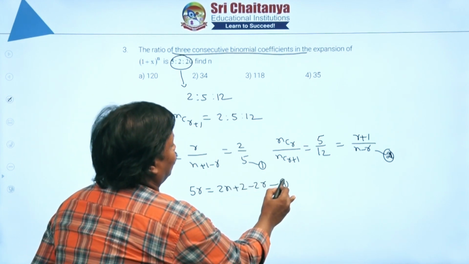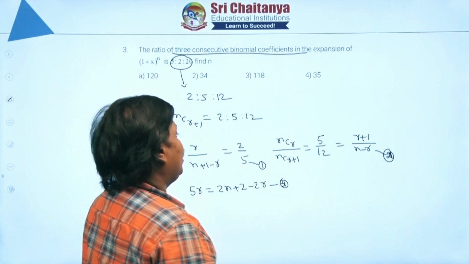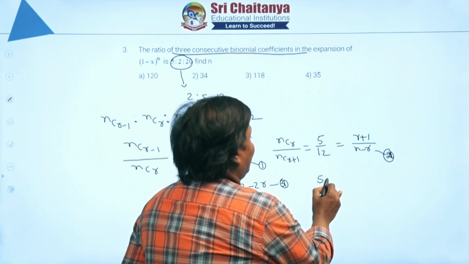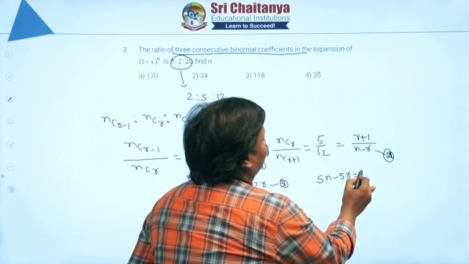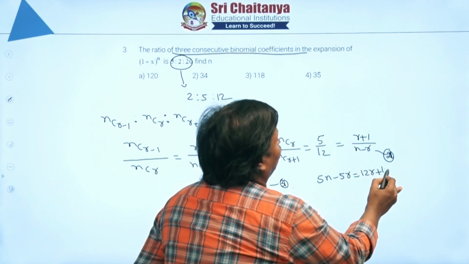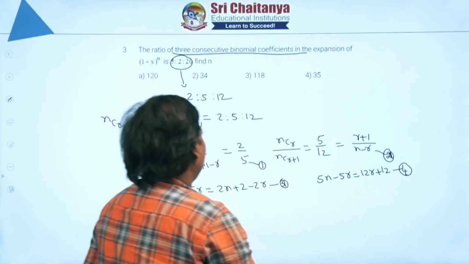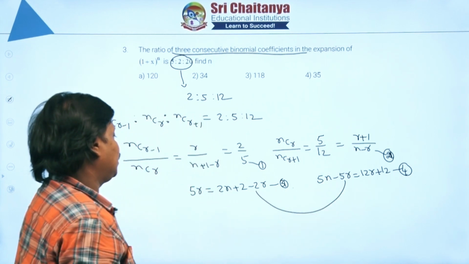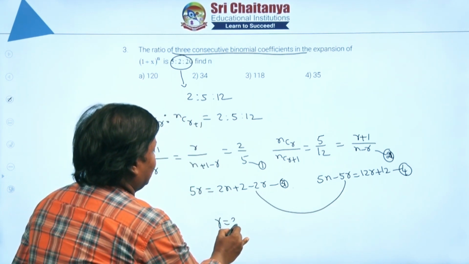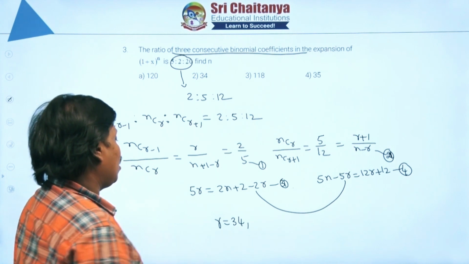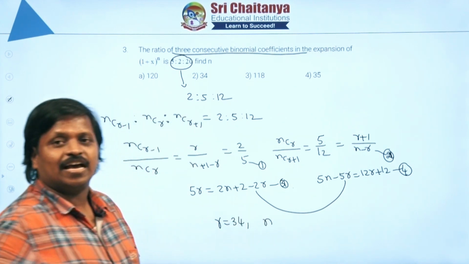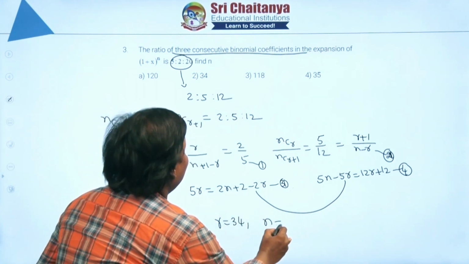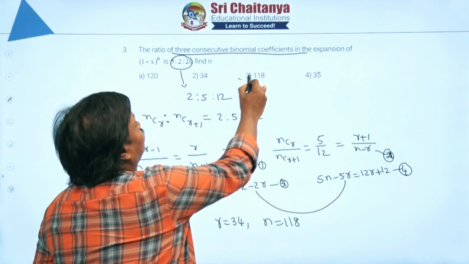This is equation 3. Here we can take 5n minus 5r equals 12r plus 12. This I assume as 4. Solving these two equations, we will get r value as 34. By replacing r value, we will get n value as 118. So my answer is 3.